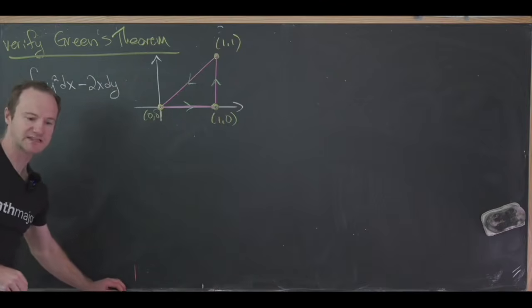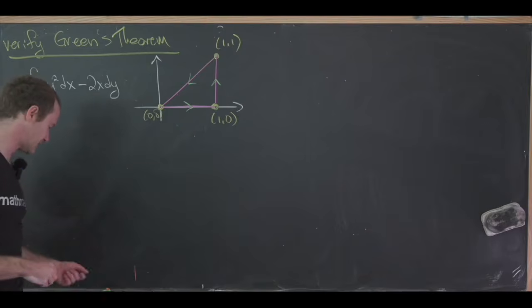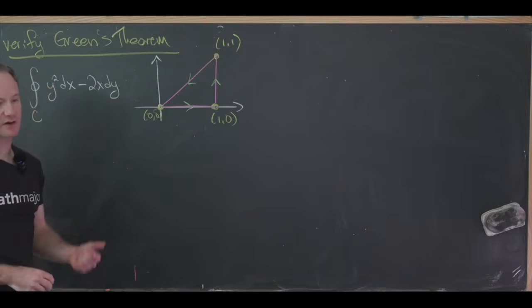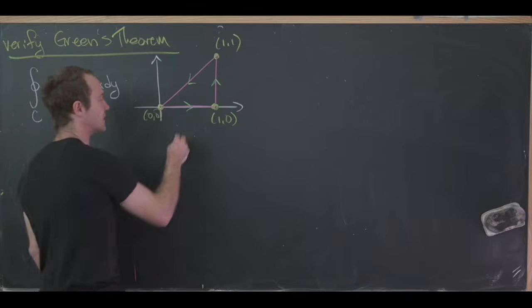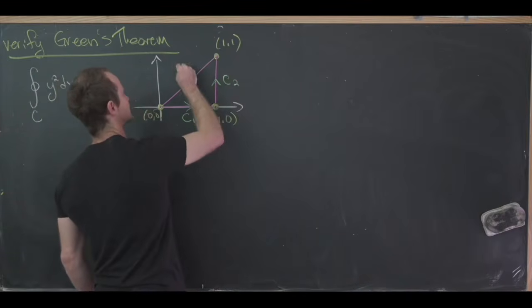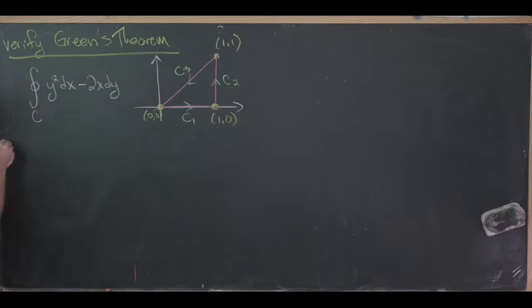Okay, so let's calculate the line integral first. After we calculate the line integral, we use Green's theorem to calculate the associated double integral. Let's call this portion of the curve C1, this portion C2, and this portion C3. Let's go over the C1 portion first.